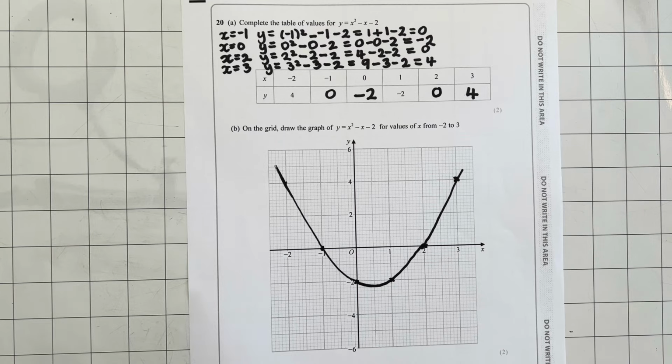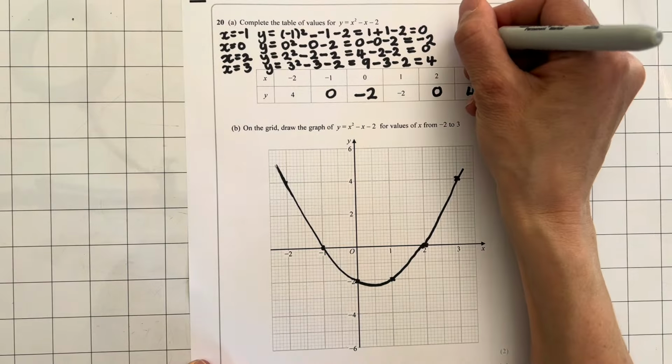This is a 4-mark question. There's 2 marks available for part A and 2 marks available for part B. If you filled in all 4 spaces correctly, you will get the 2 marks in part A. Otherwise, there is 1 mark available if you get 2 or 3 of them correct.